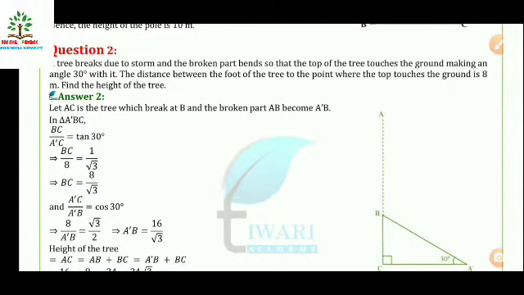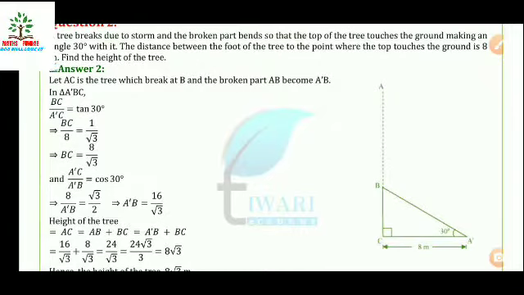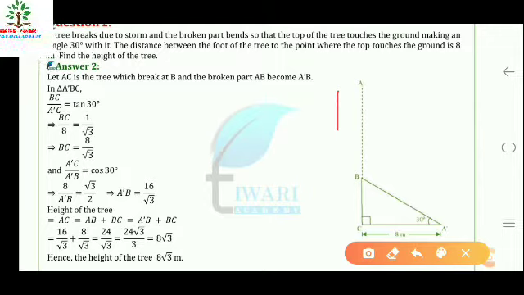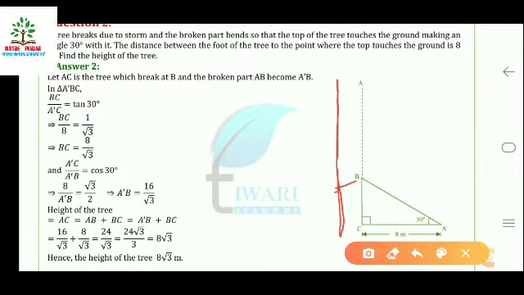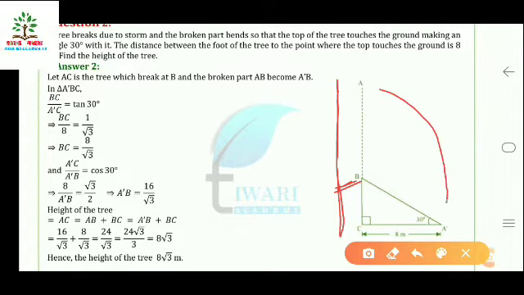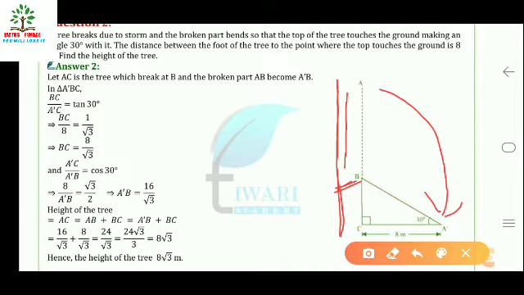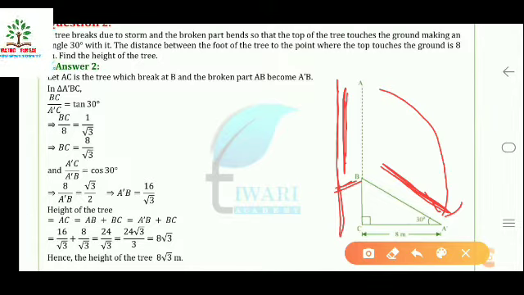It means AC is the height of the tree and it just broke from this point B. So this AB comes towards the ground and falls on the ground, and it means here that AB length is equal to BA dash. Now we got a right angle triangle, that is BCA dash.